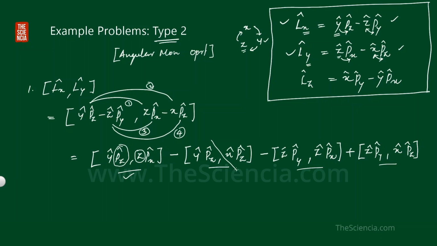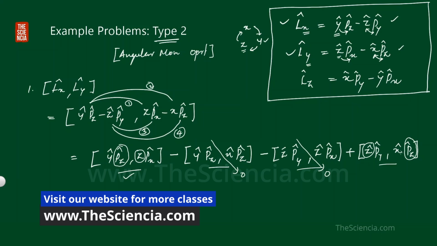So definitely this becomes equal to 0. And here also z is there and there is no pz. So this term also will be equal to 0. And here z is there and its conjugate momentum is also there. So this term is also not equal to 0.